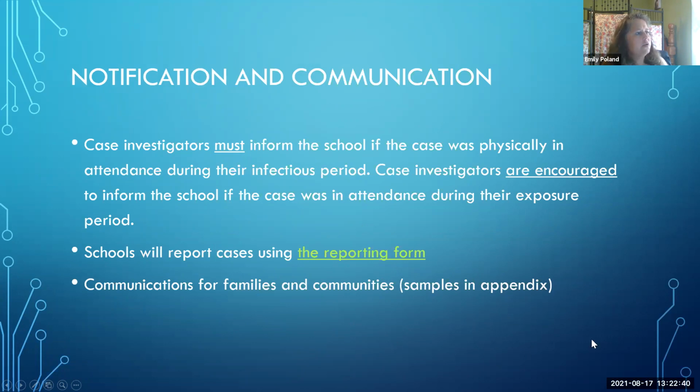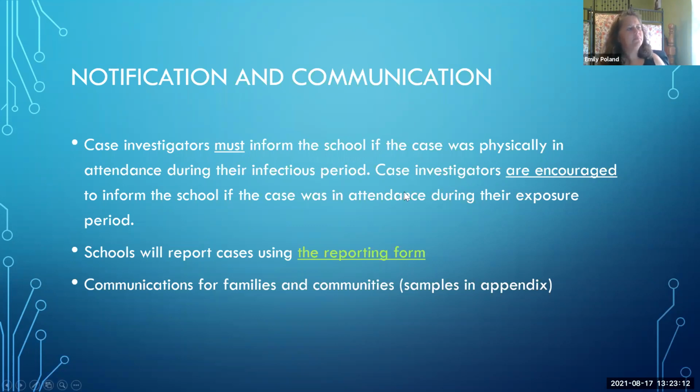All right, so notifications and communication is the next section. There are a lot of tables in the SOP. But notification, case investigators. This is from the Maine CDC side. When the Maine CDC identifies a positive case, they must inform the school if this case was physically in attendance during their infectious period.